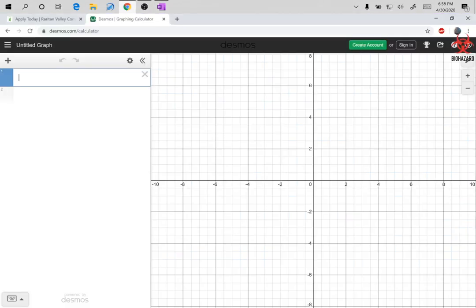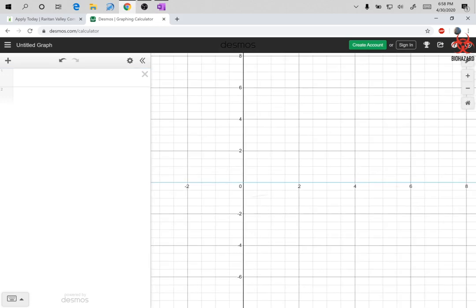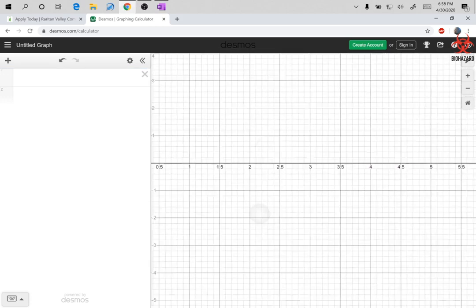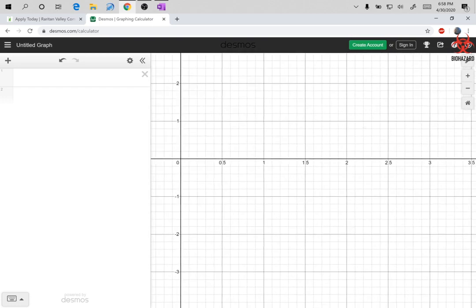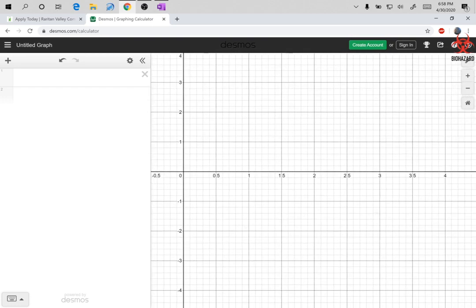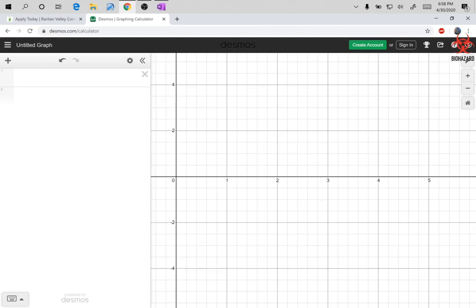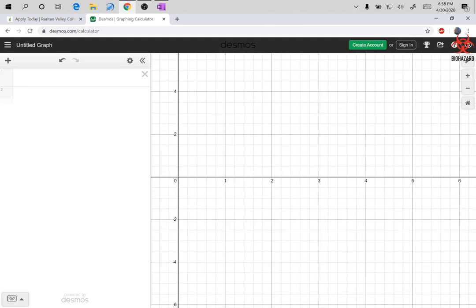So let's jump to Desmos and start plotting these. Now I am interested only in this 0 to 2 pi. So I'm going to display 0 to 6, right? Because 0 to 6.28, 6.3 technically. So that's what I need.